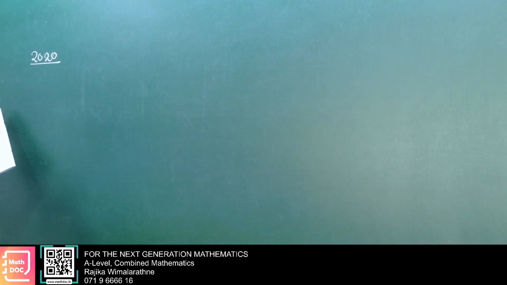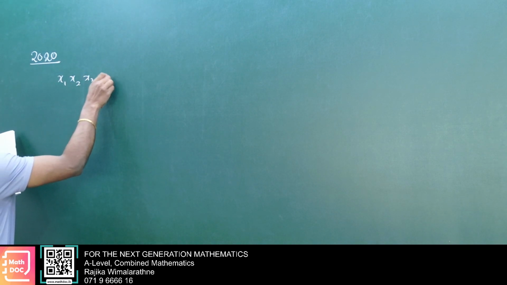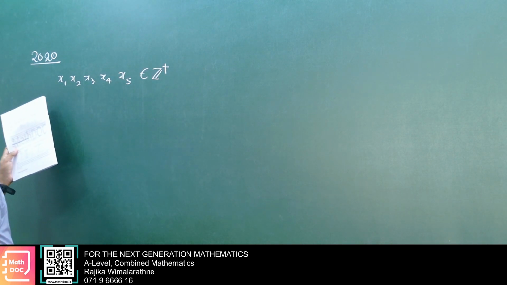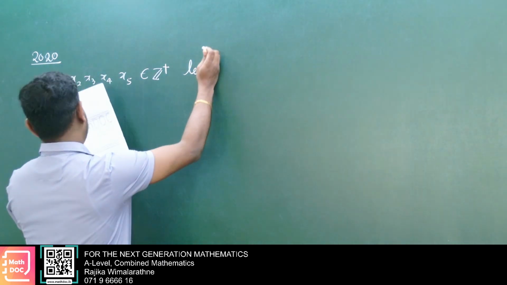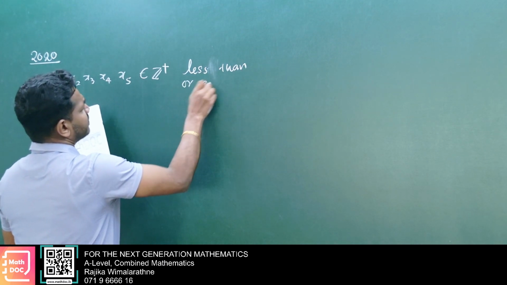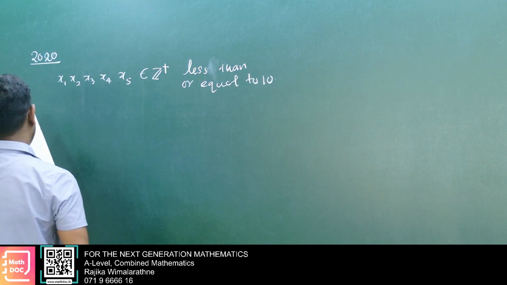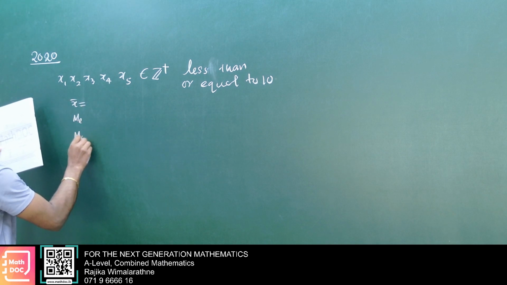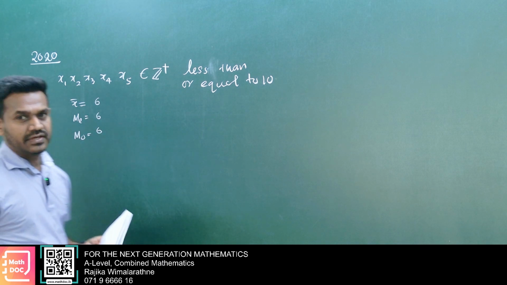A set of 5 observations of positive integers, x1, x2, x3, x4, x5, less than or equal to 10, has mean, median, mode all equal to 6.